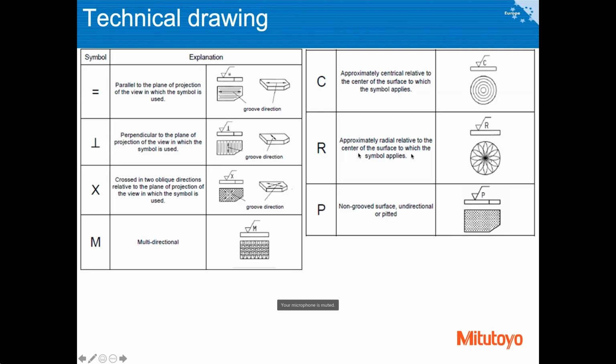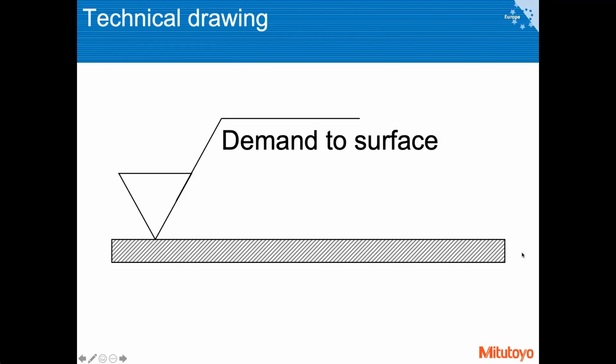For milling, you might achieve a radial surface when your cutting tool is moving in a trajectory like this. And the last one is a non-grooved surface, non-directional or pitted. Let's say you are shot blasting the surface: millions of small particles bombarding the surface will produce a randomly oriented texture, so in that case it simply doesn't matter in which direction you are measuring your roughness on the part.